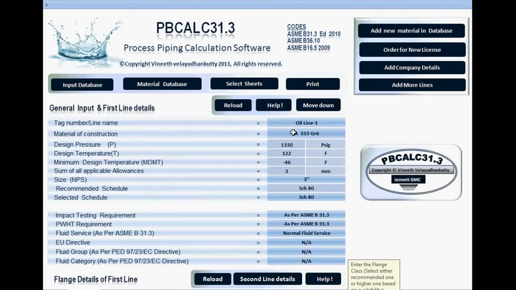So, tag number or line name is oil line 1, MOC is A333 grade C, design pressure 1330, design temperature 122 degree Fahrenheit, MDMT is minus 46 degree Fahrenheit, corrosion allowance 3 mm, line size is 3 inch, I needed to check it.